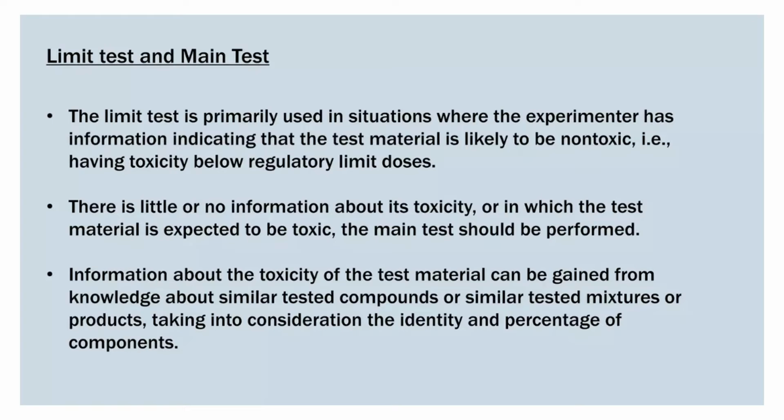Information about the toxicity of the test material can be gained from the knowledge of similar test compounds and similar test mixtures and products, taking into consideration the identification of percentage of compounds.